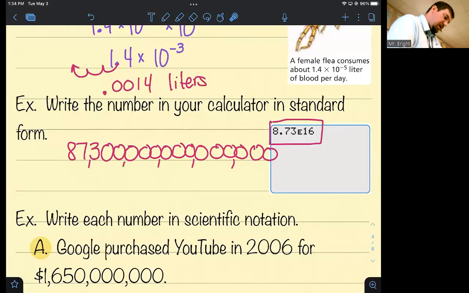We've got the hundreds, the thousands, the millions, the billions, the trillions, and I guess that would be the quadrillions. 87 quadrillion, 3 trillion, 300 trillion. It's pretty big. Your scientific calculators, I know they're not graphing calculators, but they also do scientific notation.